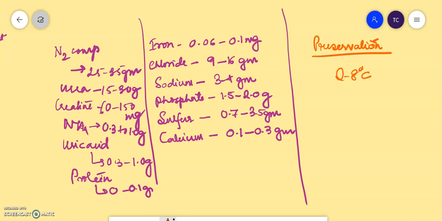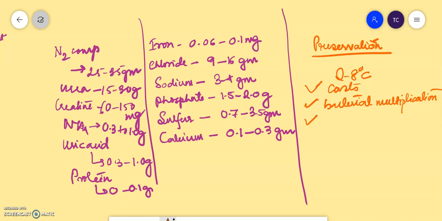Okay. So the expected change in the composition of urine stored at room temperature may be the lysis of the red blood cells by hypotonic urine, decomposition of casts, and bacterial multiplication. So there may be casts. Then there may be bacterial multiplication. Then a decrease in glucose level due to bacterial growth.